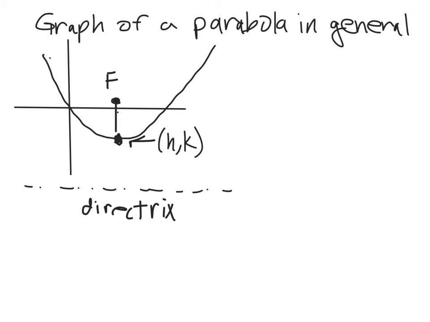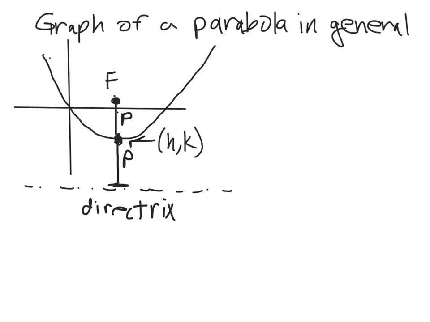The distance from the focus to the vertex will be the same as the distance from the vertex to the directrix. We will call that some distance p. So p units from the vertex up to the focus, p units from the vertex down to the directrix.